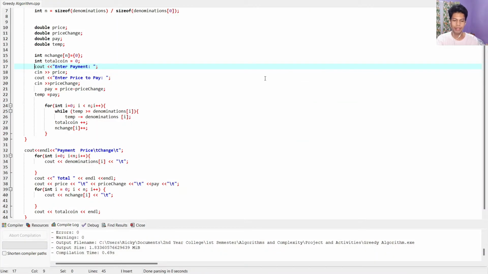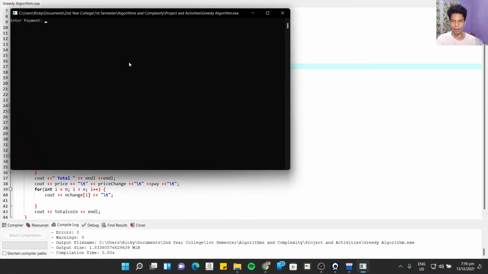Testing another transaction, for example, the total price the customer has to pay is 1,652.55, and his payment is 1,700, which is the cash.